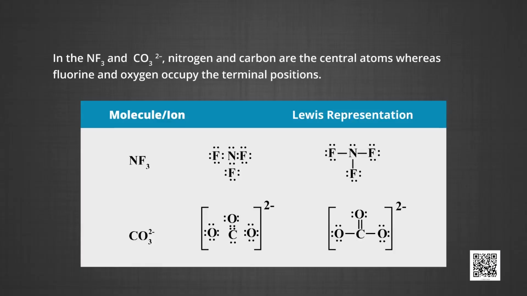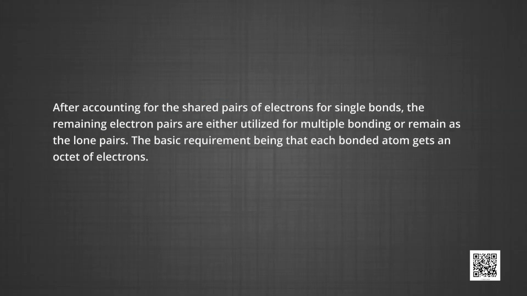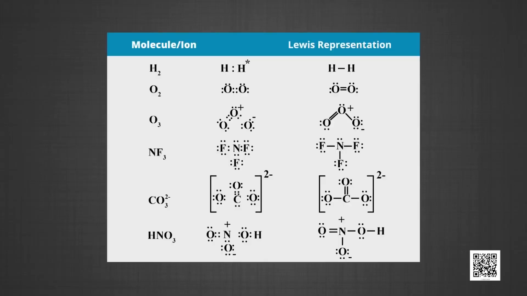For example, in NF3 and CO3, nitrogen and carbon are the central atoms, whereas fluorine and oxygen occupy the terminal positions. After accounting for the shared pairs of electrons for the single bonds, the remaining electron pairs are either utilized for multiple bonding or they remain as lone pairs. The basic requirement being that each bonded atom gets an octet of electrons. The Lewis representation of some molecules you can now see in the table.